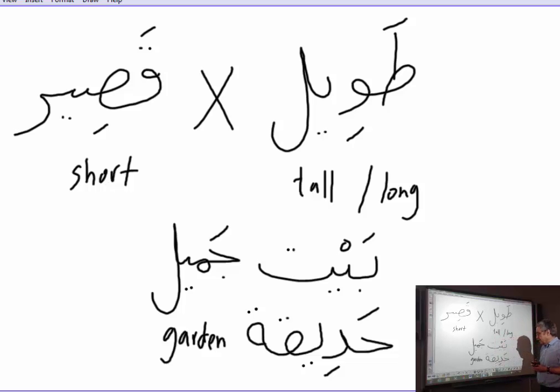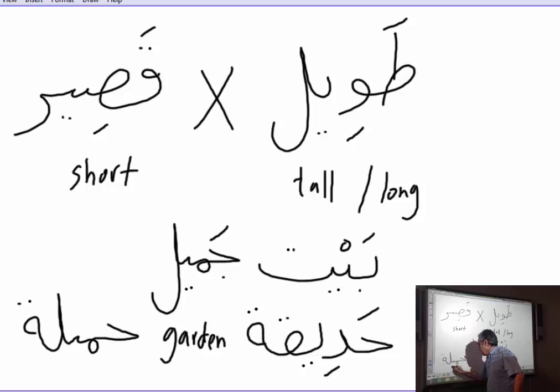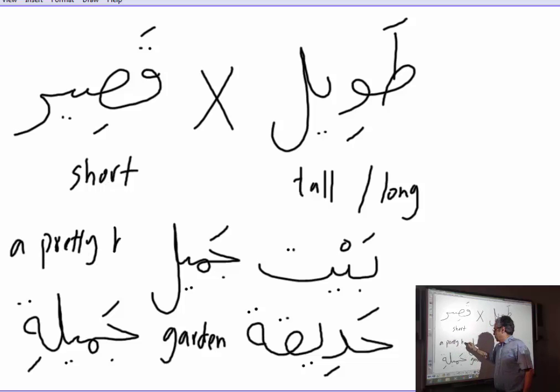If I put next to it a word like جميلة, you can see بيت جميل, a pretty house, while حديقة جميلة is a pretty garden.